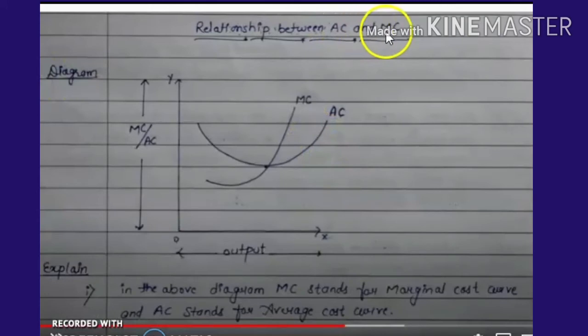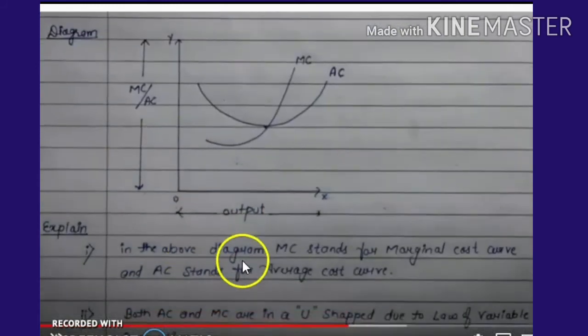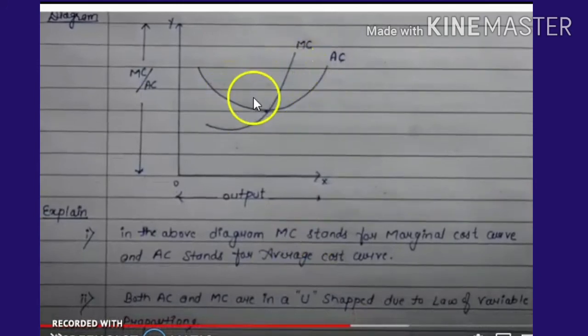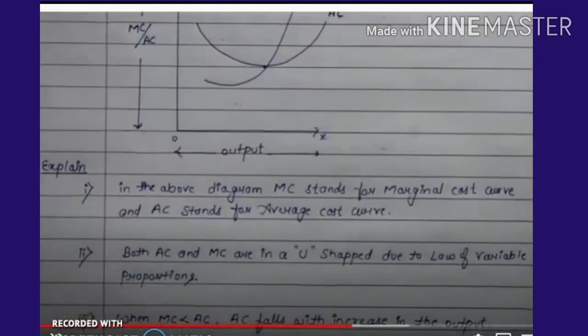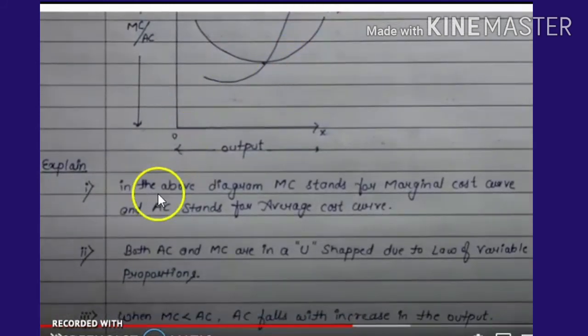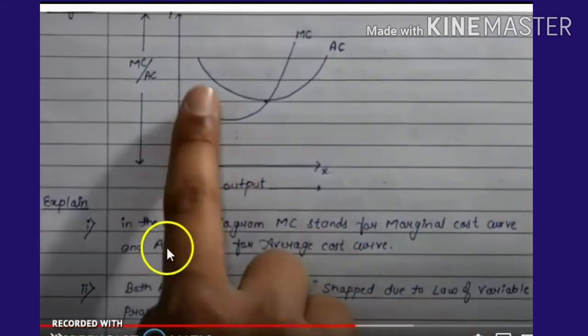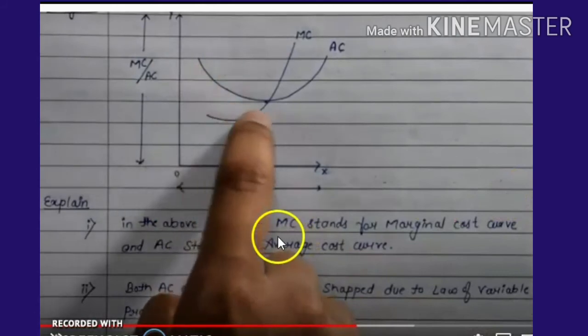Relationship between AC and MC diagram. It shows the relationship between both, and you can see the first relation in the above diagram. Both are U-shaped, and you can see that MC cuts the AC curve from below. In the above diagram, MC stands for marginal cost, and AC stands for average cost.